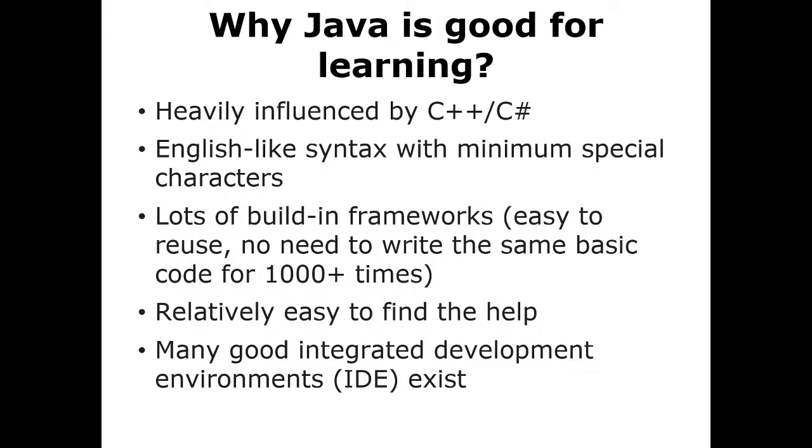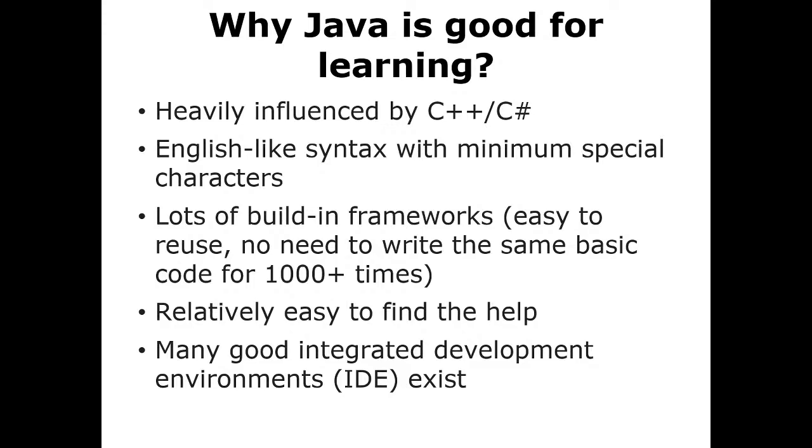Again, let's go a bit deeper. Why is Java very good for learning? It is influenced by C++ and C#. Since a lot of students choose or used to have C++ as their first programming language, it will be very easy for them to switch to Java, since the syntax is very similar.